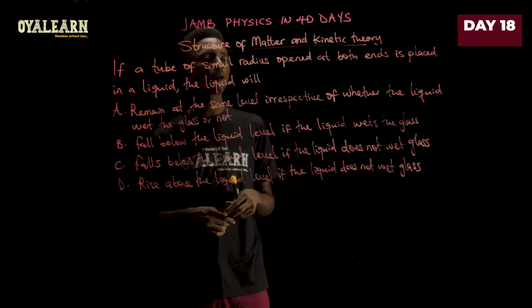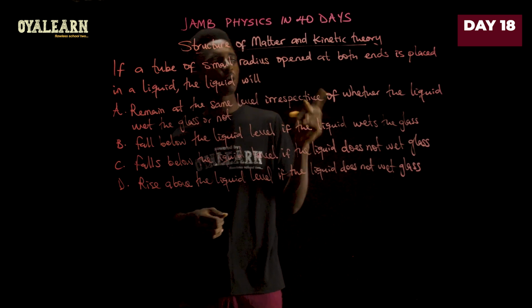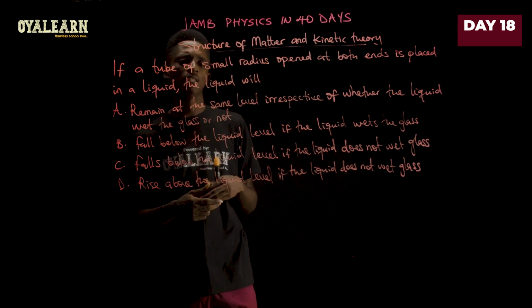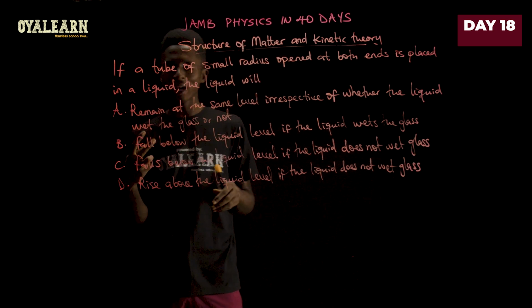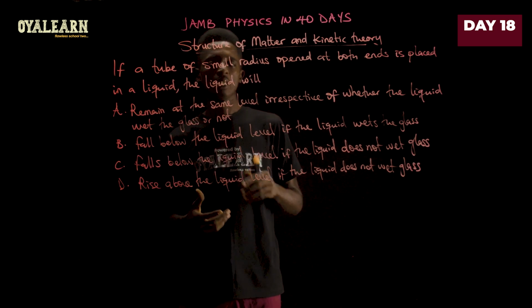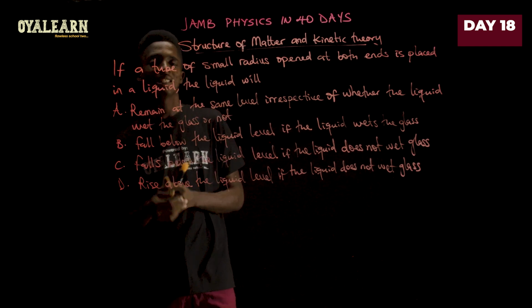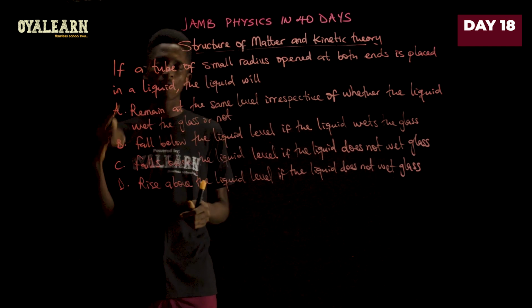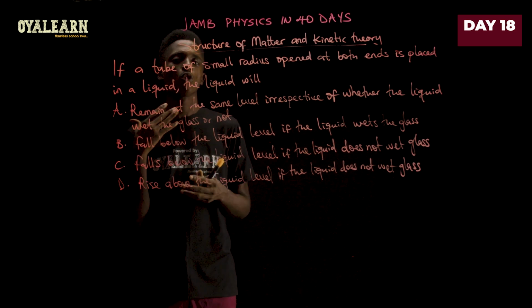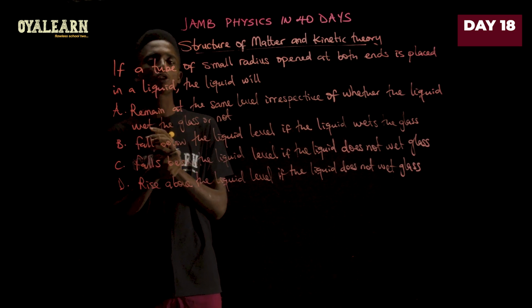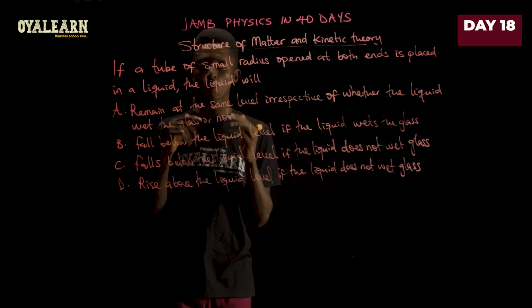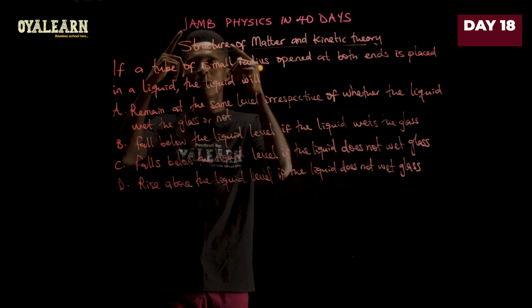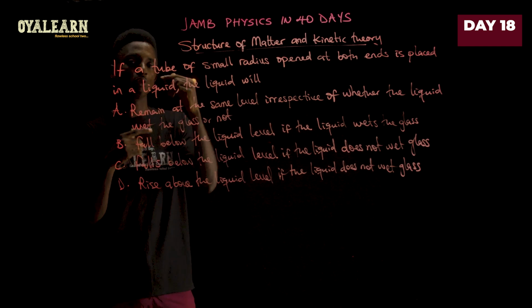If a tube of small radius opened at both ends is placed in a liquid, the liquid will... So we are looking at a case of a capillary tube dropped in a liquid. I did mention that capillarity is the tendency of a liquid to rise or fall in a narrow tube. In the case of water and mercury, the level of water will rise, while the level of mercury will drop.